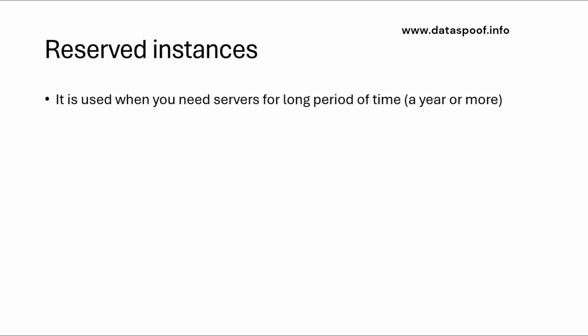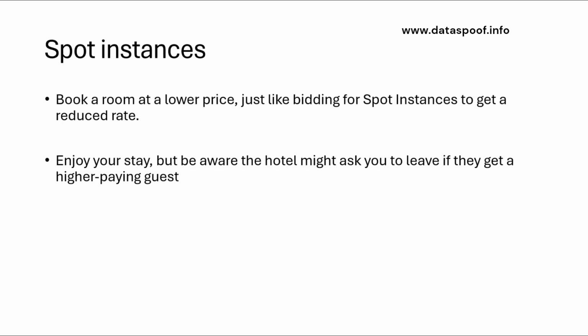Next, reserved instance. Suppose that you need a server for a longer period of time, a year or more. In that case, the best choice would be to go for reserved instances. Next, spot instances. Let us understand with the help of an example. Suppose that you want to book a room at a hotel where all rooms are priced at 1000 rupees.